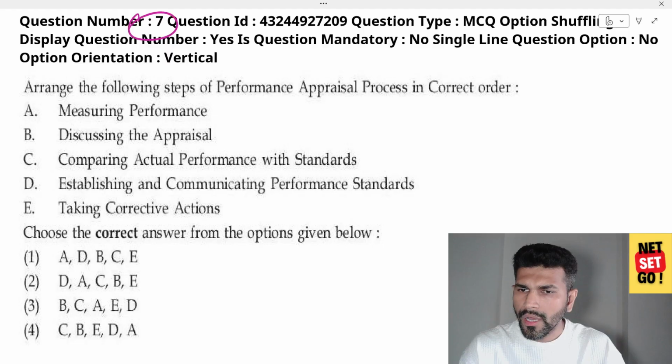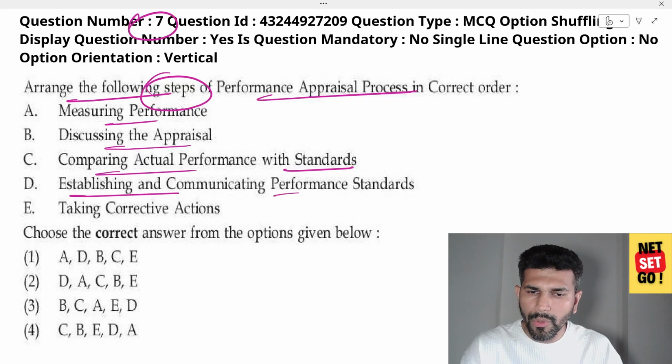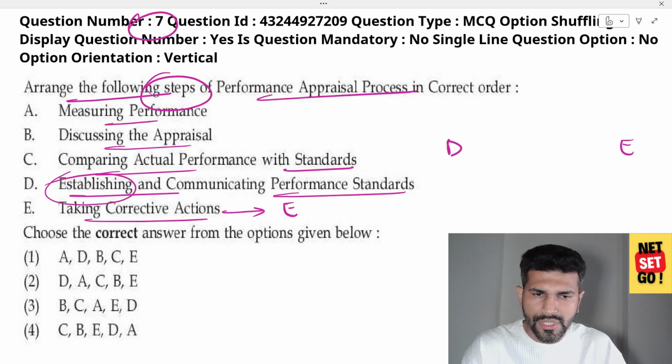Next, arrange the following steps of the performance appraisal process in correct order: measuring performance, discussing the appraisal, comparing the actual performance with standard, establishing and communicating performance standard, or taking corrective actions. Taking corrective actions will be the last step, and establishing and communicating performance standard will be the first step.